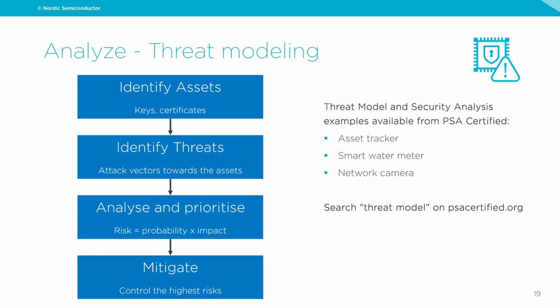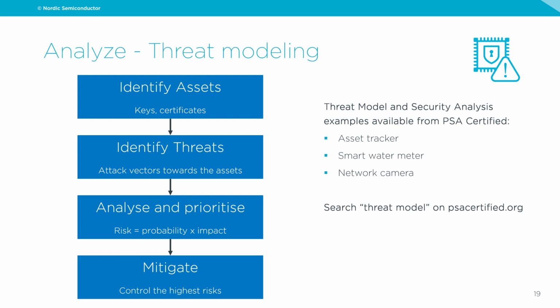So we might have keys in our device, we might have certificates, data, which we don't want anyone to be able to access. And once we have identified the assets, then we need to identify the threats, so the attack vectors towards the assets. That could be an attack through the network. It could be an attack through the debug port, for example. So that's the second step: to identify the threats against the assets.